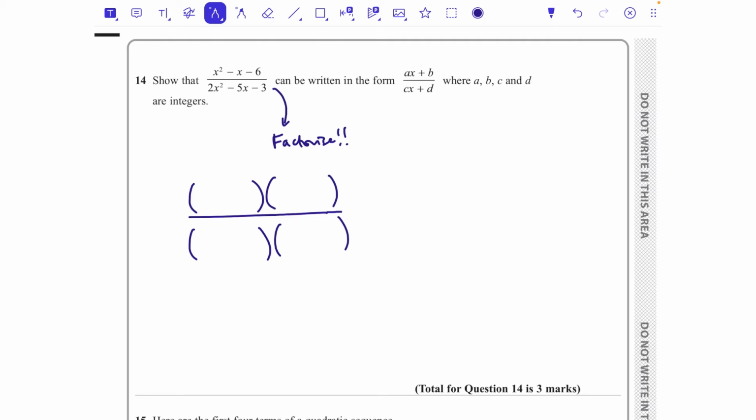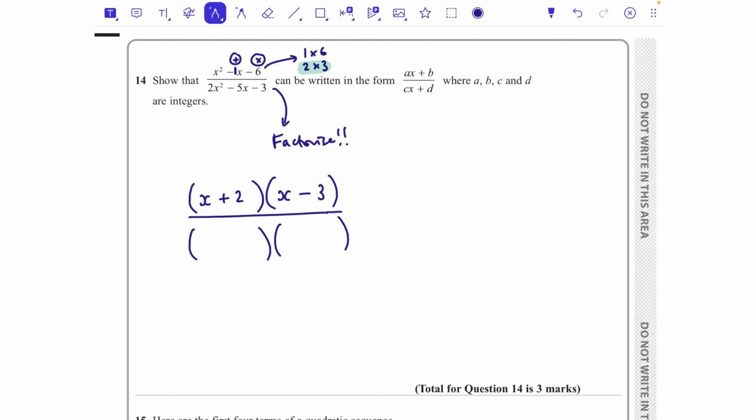So firstly, I'm thinking of 2 numbers that times to make minus 6 and add to make minus 1. So that's either going to be 1 times 6 or 2 times 3. So it's going to have to be 2 times 3 to make that minus 1. So I'm going to put x add 2, x minus 3 on the numerator.